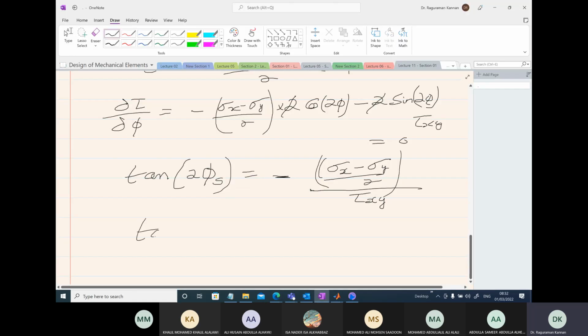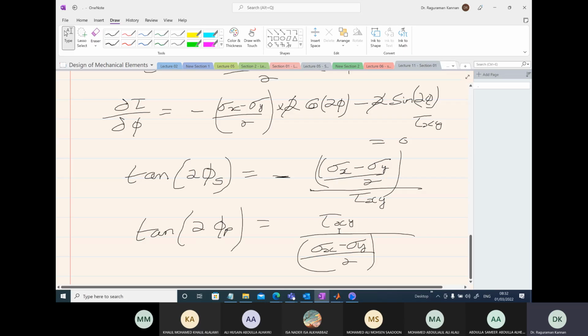Let's write it side by side and see what formula we get. We have tau xy over sigma x minus sigma y over 2. And what do you see here? The negative of the inverse of this ratio. That is what we get.